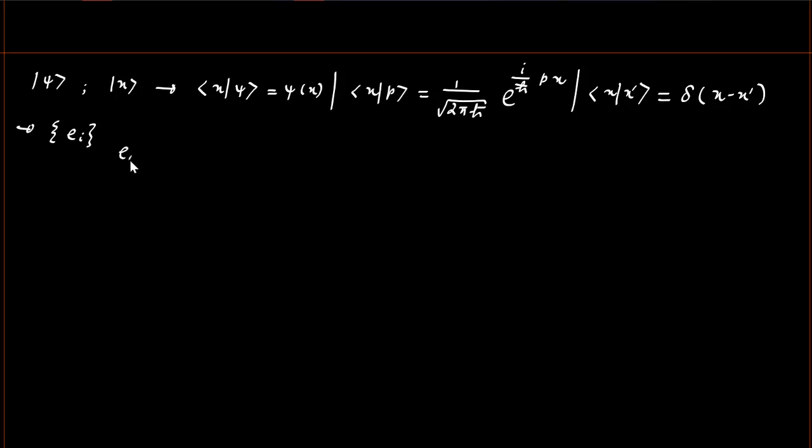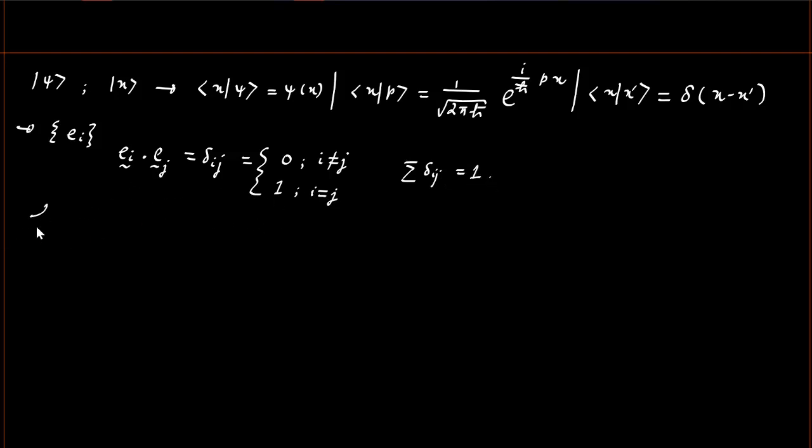That means that e_i dot e_j equals delta ij, and delta ij means it is equal to 0 when i is not equal to j, and equal to 1 when i equals j. Okay, and this is for the discrete basis.